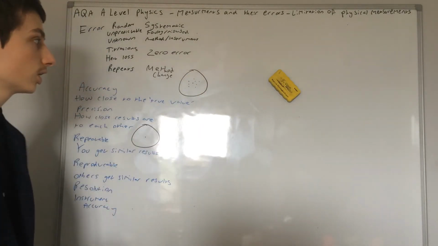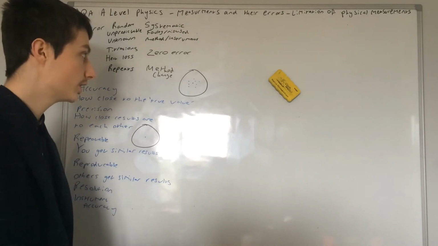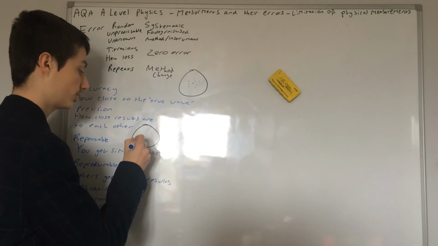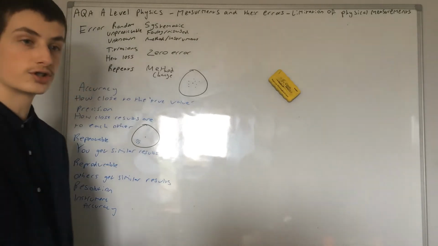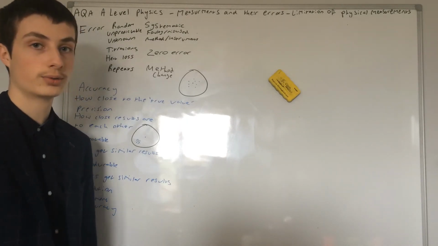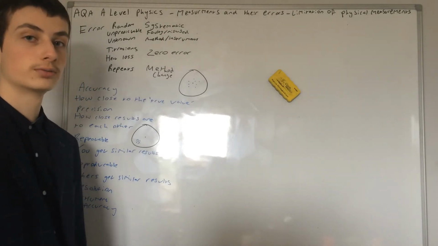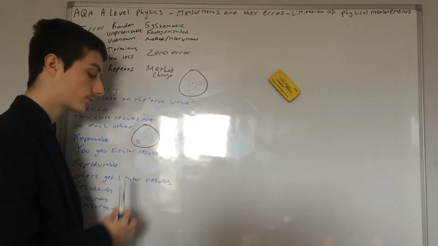Not necessarily close together or on true value, but the average is the true value. So that would be accurate data. Precise data would look like this. They're not necessarily close to the true value. The average isn't the true value, but the results are close together. We normally want our results to be both accurate and precise.